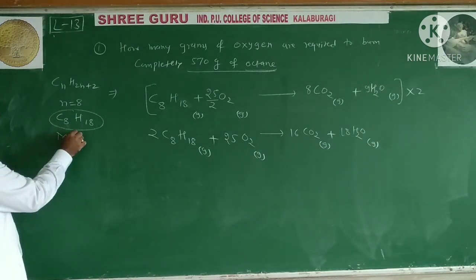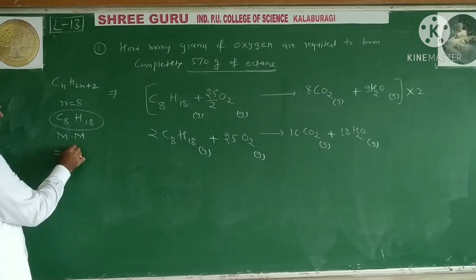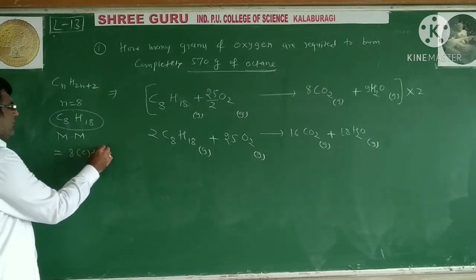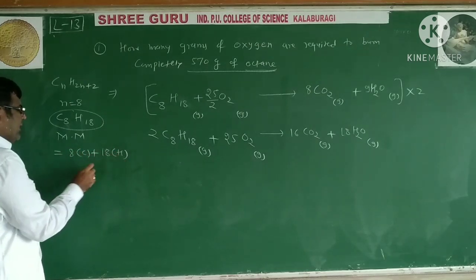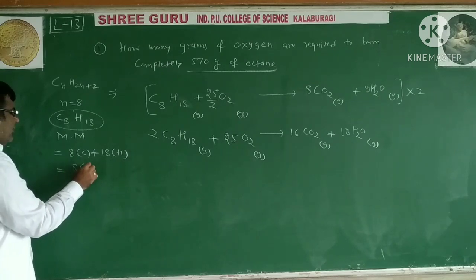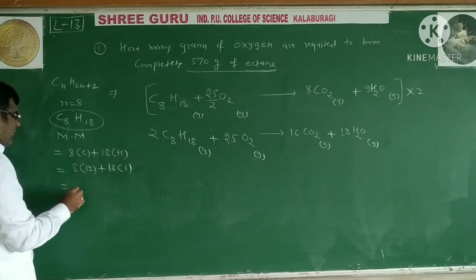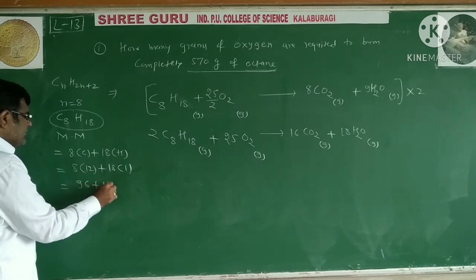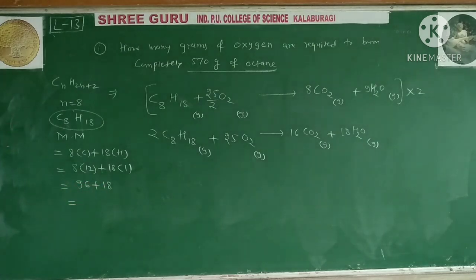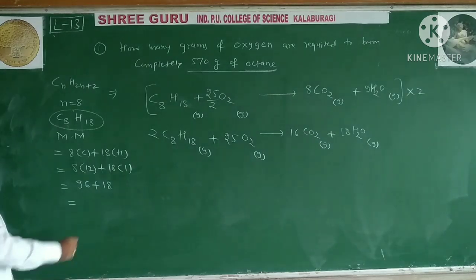If we calculate the molecular mass of it, there are 8 carbons and there are 18 hydrogens. 8 into 12, 96, 18 into 1, 18. 96 plus 18 is 114.